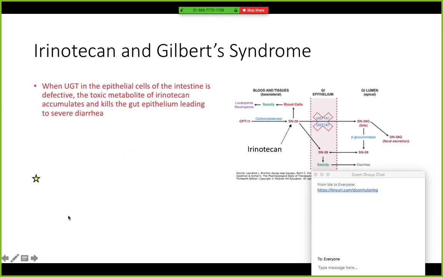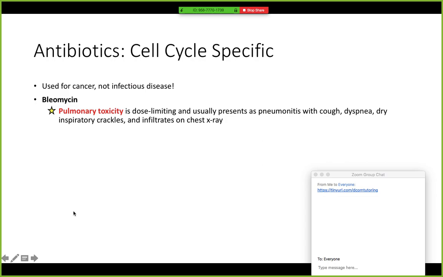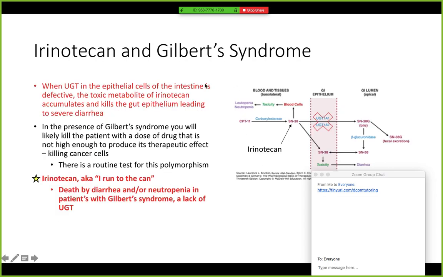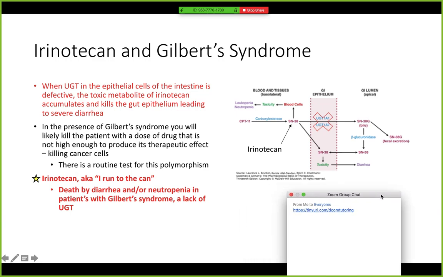And I added this slide back, I think it was from the first exam, where we talked about irinotecan and Gilbert syndrome, and this is something that she had in red.